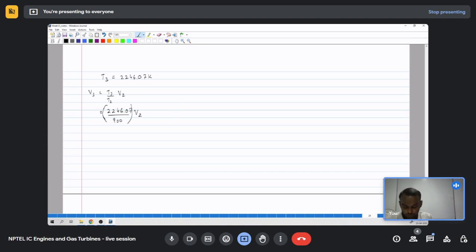Can you calculate this value? 2246 by 900. So this is 2.496 V2.